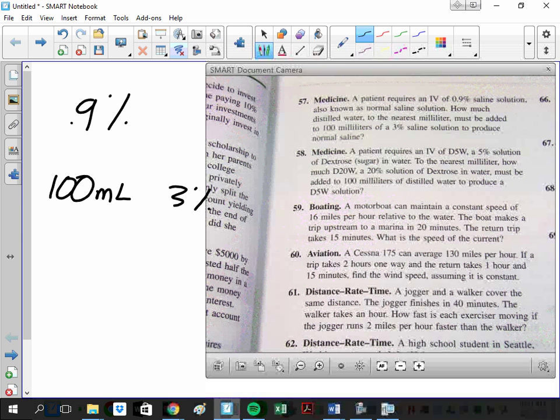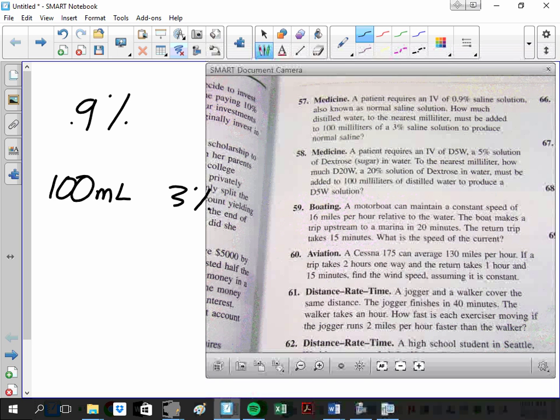How would you set that up? Riley said if we add 100 milliliters of water, it will drop down to 1.5%, which is not enough. So it's got to be more than 100 milliliters.